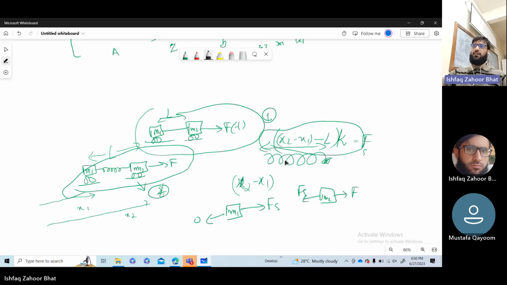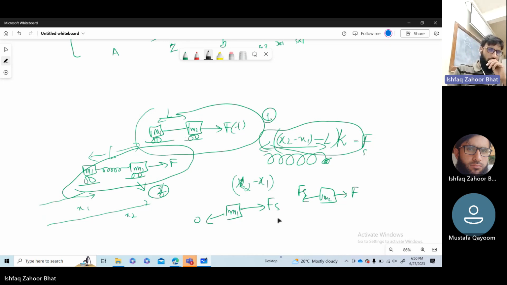How? If I take the spring to be very stiff, then I can approximate that if I am applying some force, there will be negligible extension in the spring, and then this will approximate the first system, and I can solve.